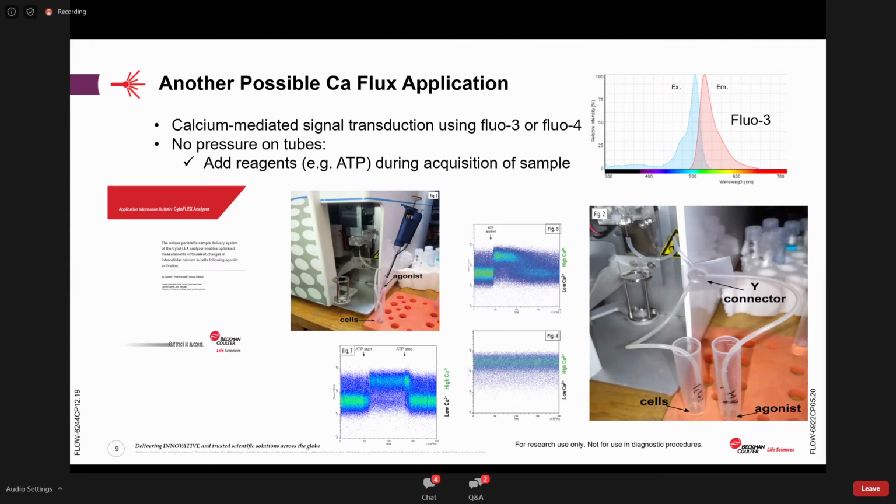And this could be recorded using such dyes as Fluo-3 or Fluo-4, which bind to calcium. There is one feature available only on Beckman Coulter's Cytoflex flow cytometer that could enhance such studies. You can add an agent to trigger calcium flux right at the time when the sample is aspirated into the fluid stream for interrogation by the laser. So as you can see in the picture on the right.